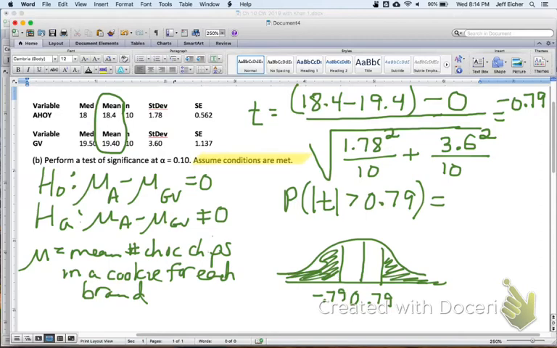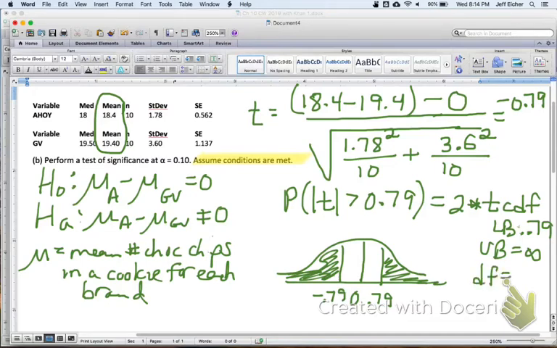So we need to do 2 times tcdf, where our lower bound is the 0.79, the upper bound is infinity, and the degrees of freedom, conservative degrees of freedom, would be 9.